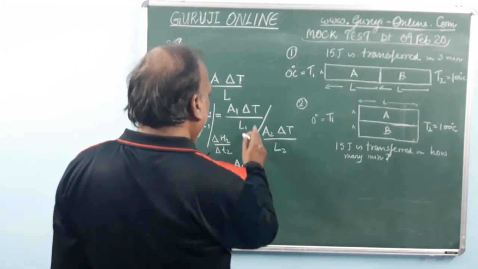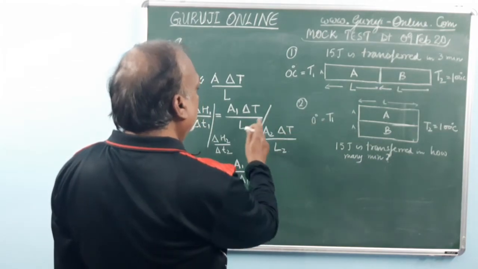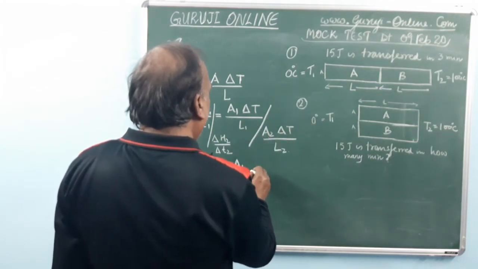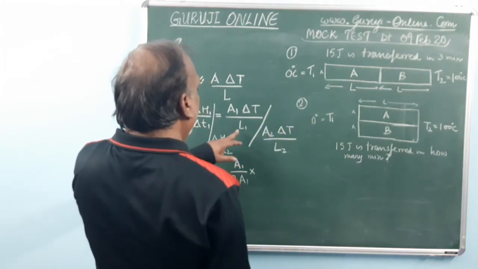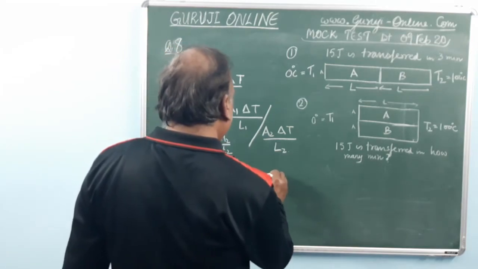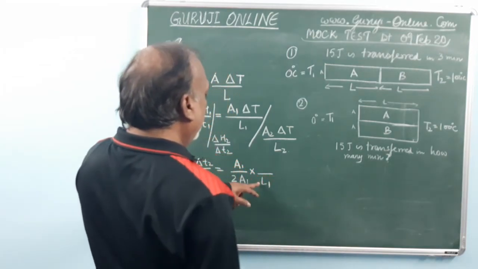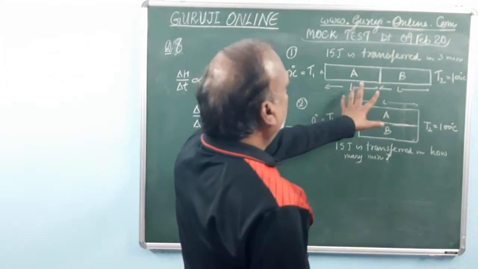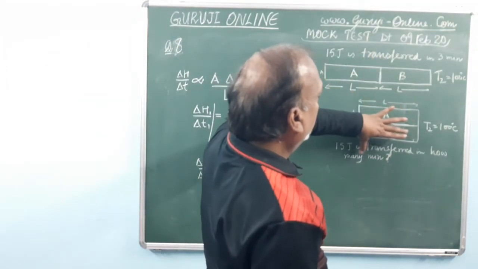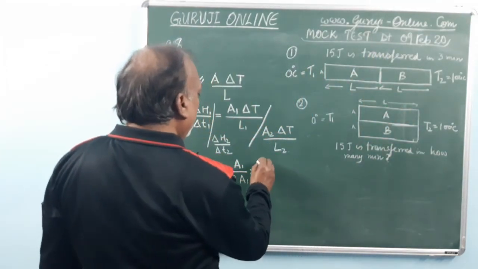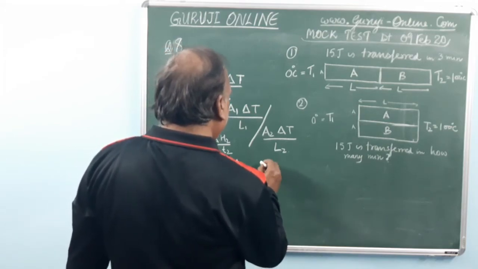And delta T, both the differences cancel out. And what about L? Here this is 2L and this is L only. That means this is decreasing.